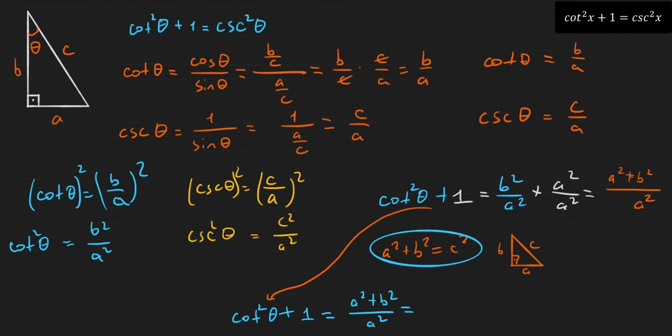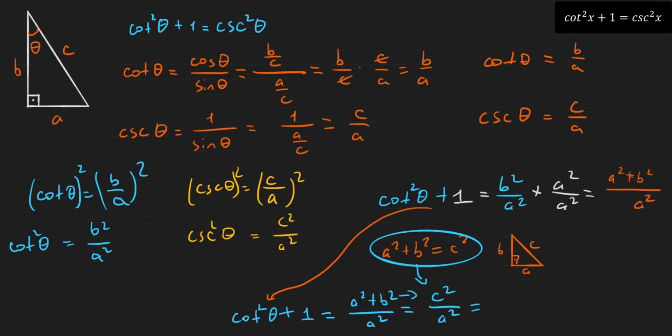The Pythagorean theorem says that A squared plus B squared is just C squared, and the denominator is A squared. So we get that cotangent theta squared plus 1 equals C squared over A squared.